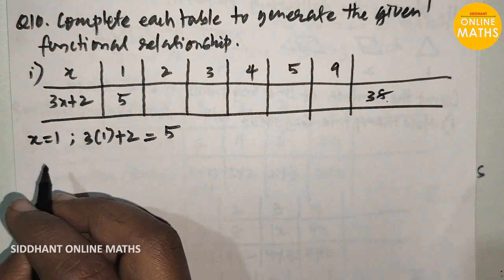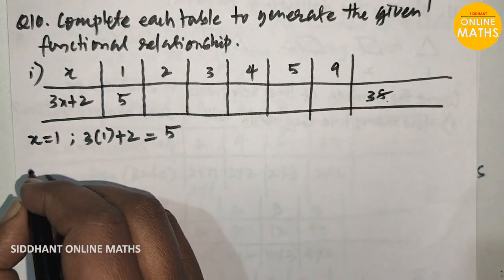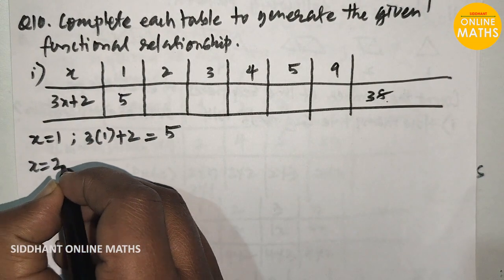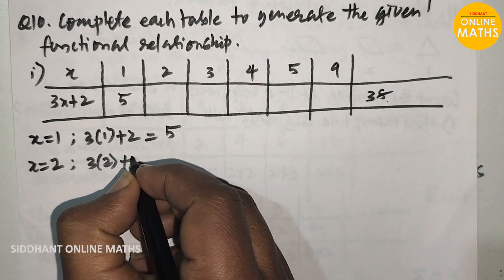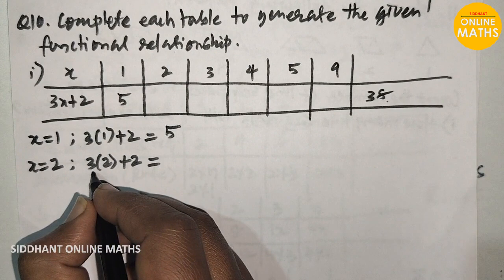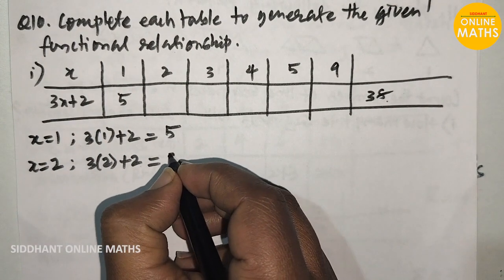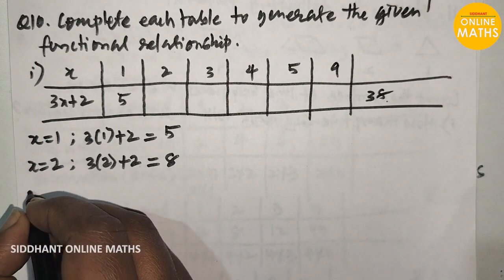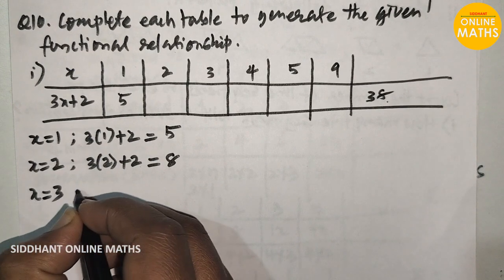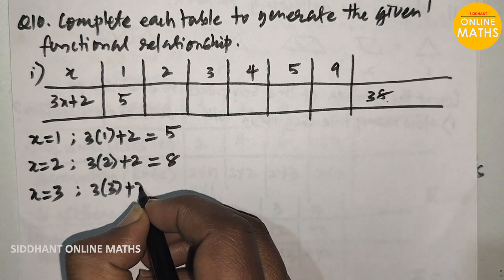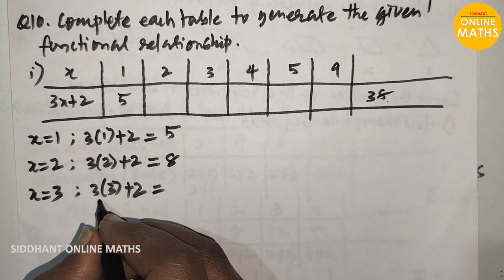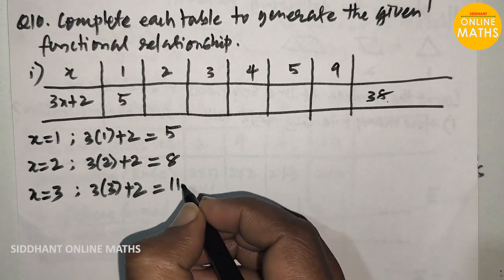Suppose x is equal to 2, then 3 into 2 plus 2, that means 6 plus 2, that is 8. If x is equal to 3, then 3 into 3 plus 2, that is 9 plus 2, 11.